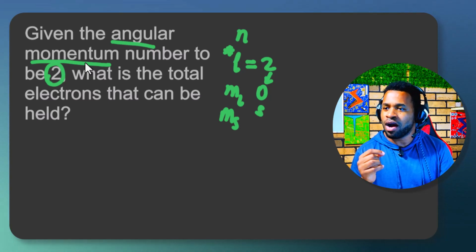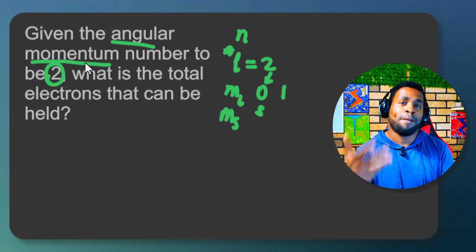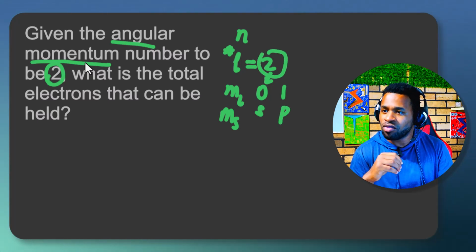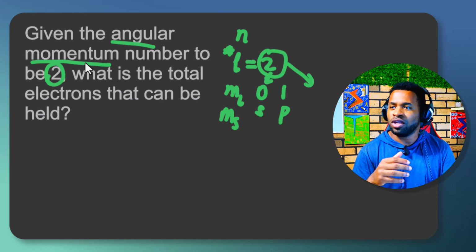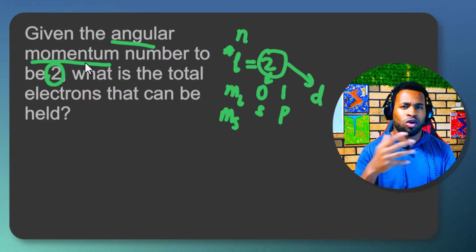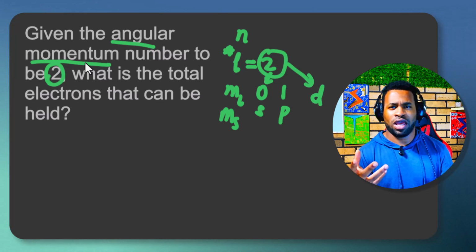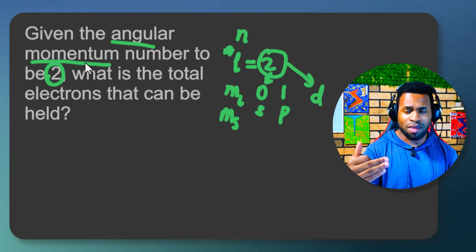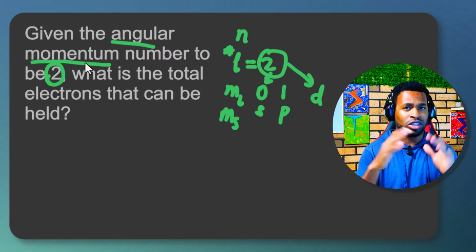Then we have l equals 1, which represents the p orbitals, and these are the lobes. And then we have l equals 2, which are the d orbitals. And now you're wondering, how does this play a role in determining the total number of electrons that can be contained within the d orbitals?